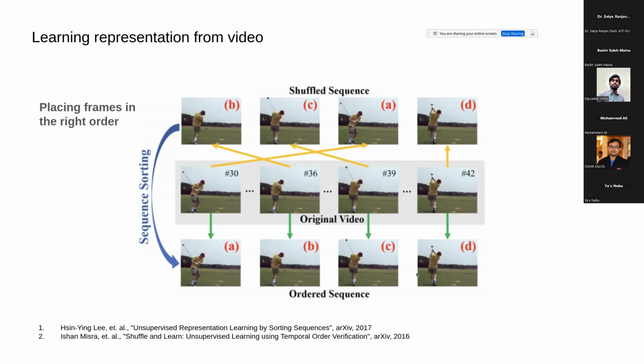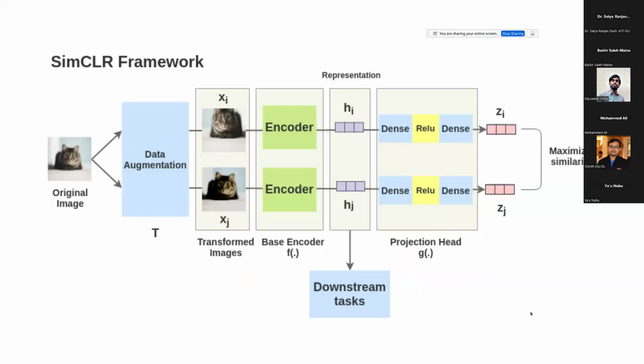Now you shuffle the images. For example, you make the data like B, C, A, D. Then you ask the model to predict the right sequence. So this is another way of giving the model a task. There are lots of ways you can learn the foundation model using self-supervised learning.